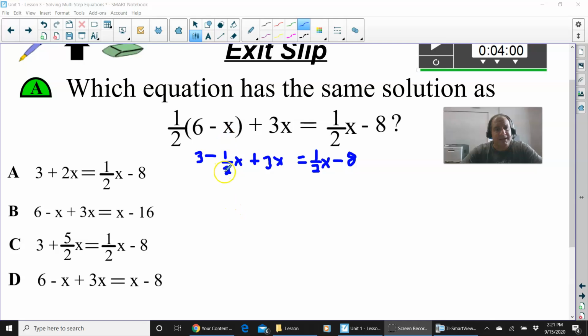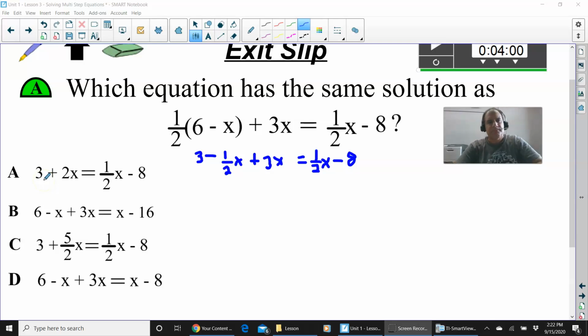Half times x is a half x, and then you bring down the plus 3x and you have a half x minus 8. This side is obviously right here. I'm just looking at the choices after taking one step. Half x minus 8 and 3 plus 2x on that side. So we have 3 plus 2x on this side.